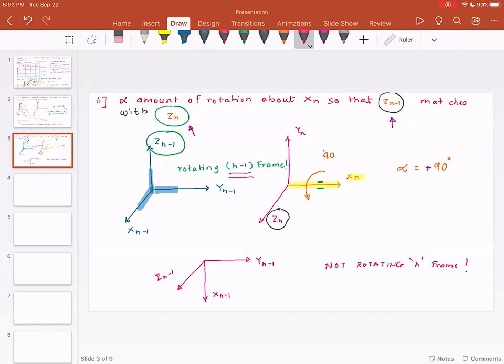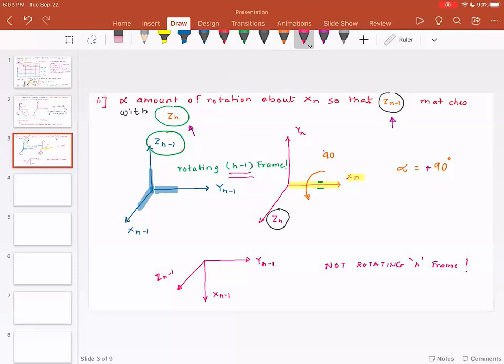Before I proceed further, is everyone clear about this rule? The rotation of theta will be about Zn minus 1. Rotation of alpha would be about Xn. To answer John's question, no, it is plus 90 degrees. It's not minus 90 degrees.